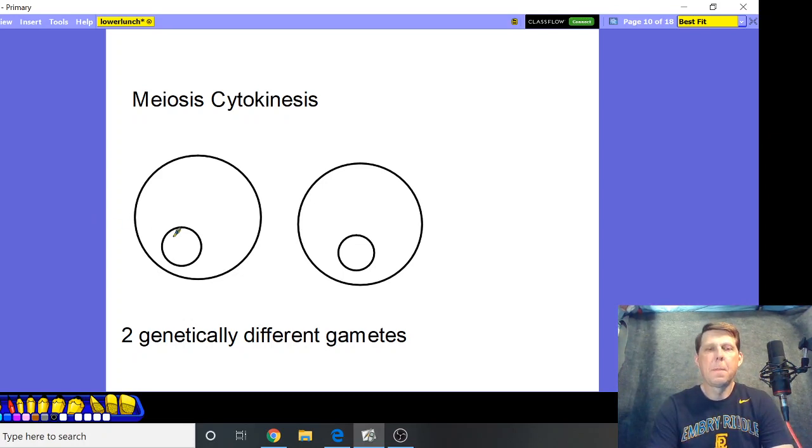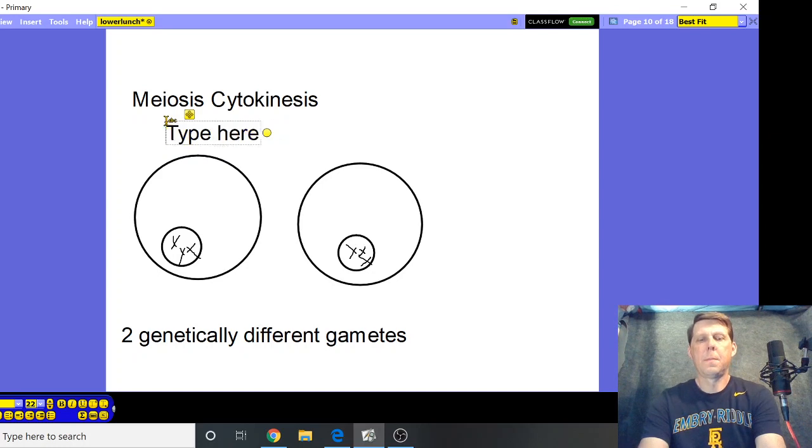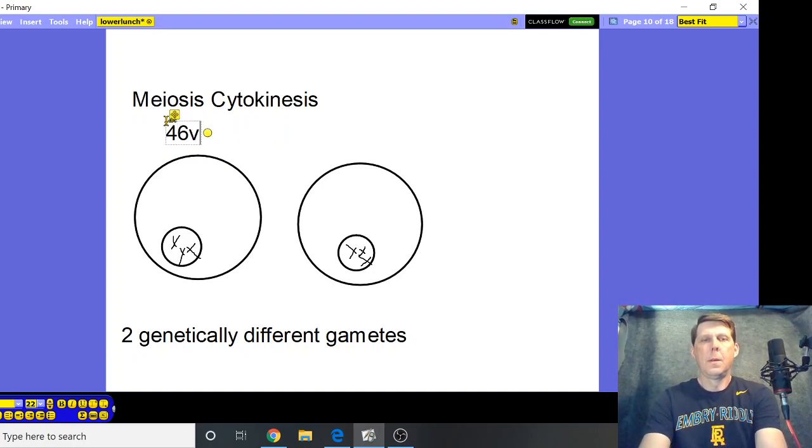They're going to be different. Put a few chromosomes in there. Oops. That one's leaking out. Okay, and there should be 46 in this one. And 46 in this one.